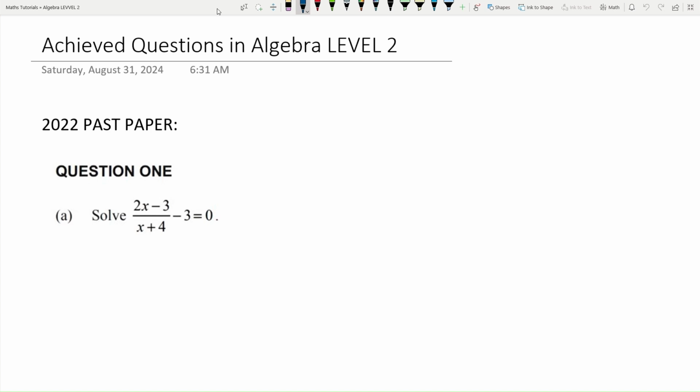So firstly, I would like to start off by rewriting the question. 2x minus 3, so here we should recognize that we're going to move that there and cross multiply.